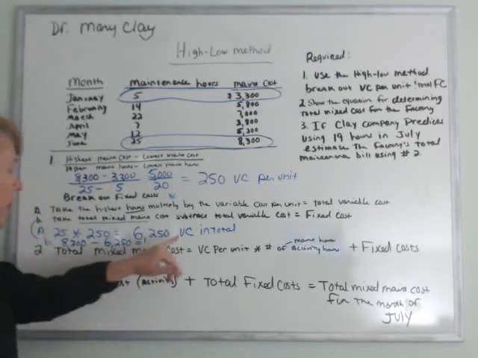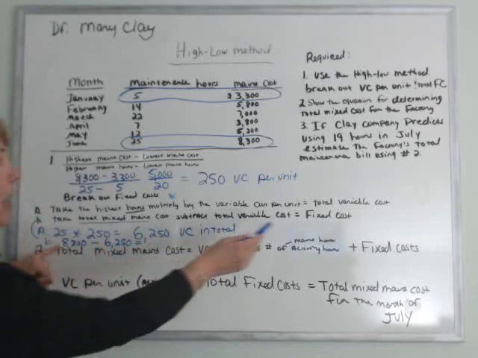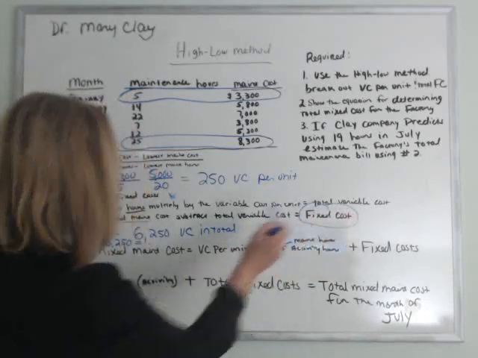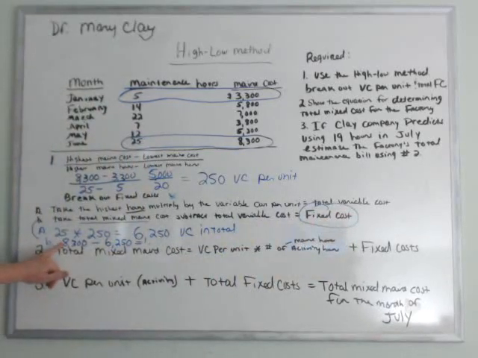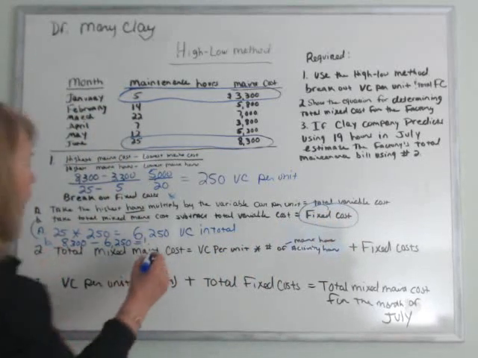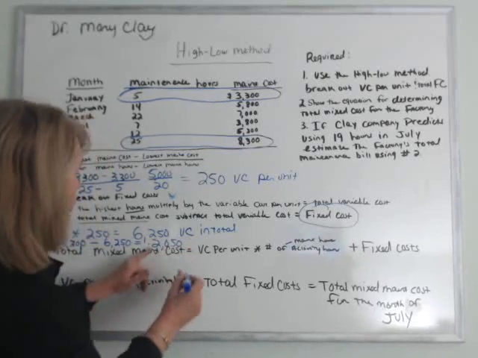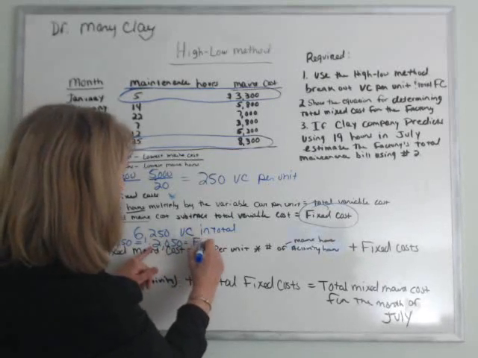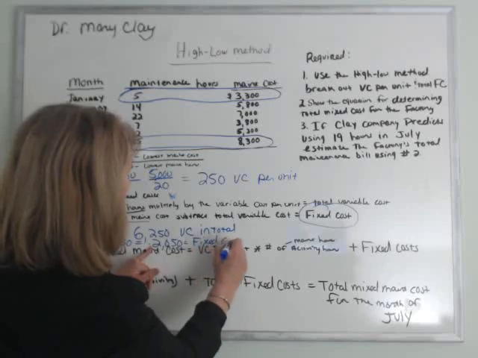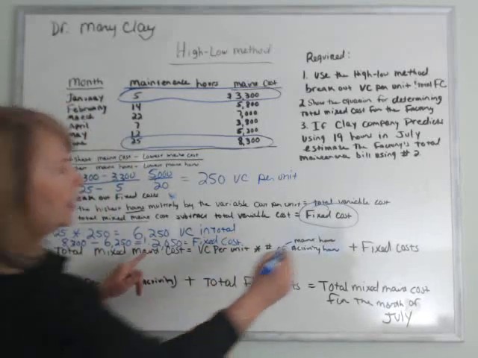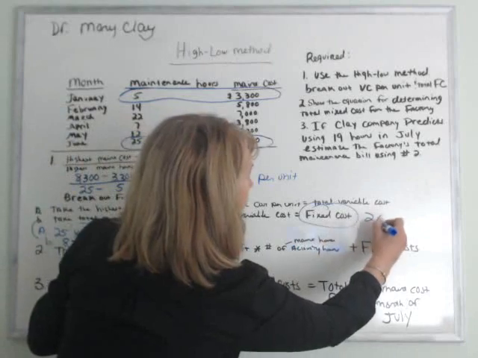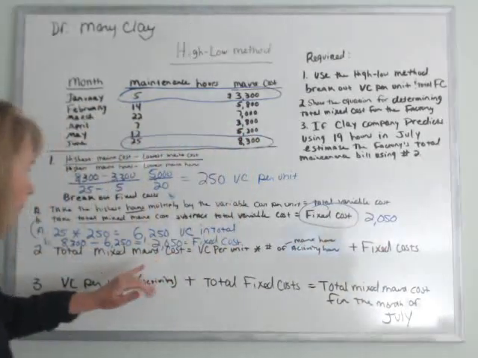When I do that, that is going to give me my fixed costs. So 8,300 minus 6,250 gives me 2,050 for my fixed costs. Let me write it here too. 2,050 is my fixed cost.